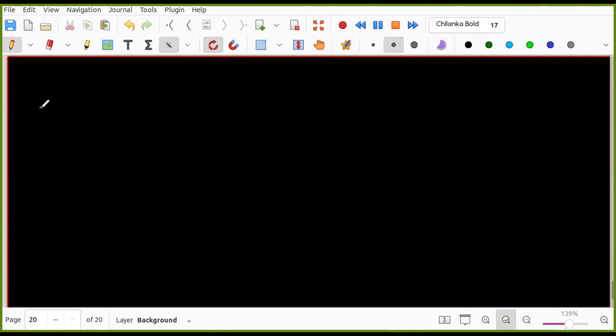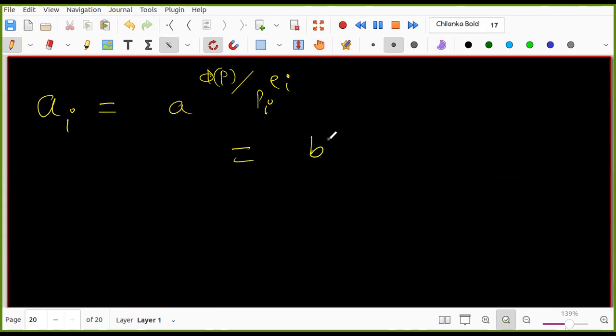As I told you, but I am telling here, Ai is equal to A power phi of P by pi power ei, which, since A equals B power X, is B power X power phi of P by pi power ei.